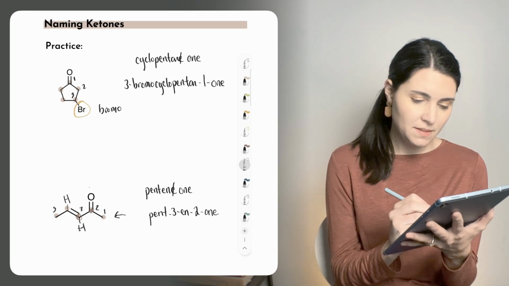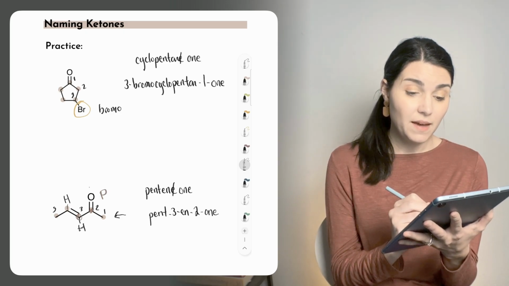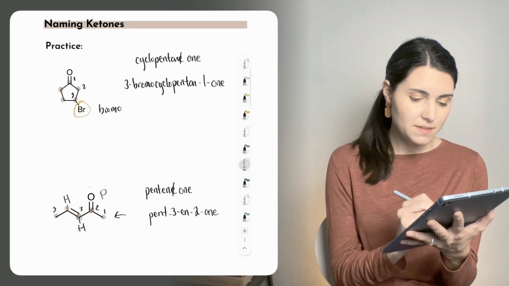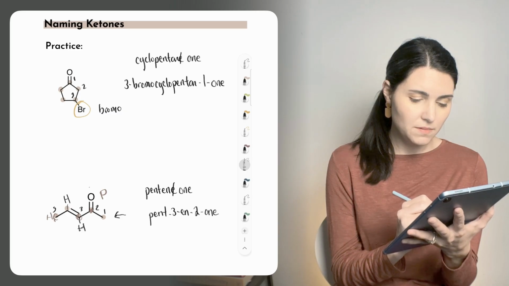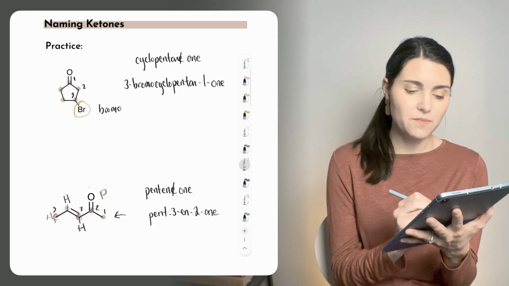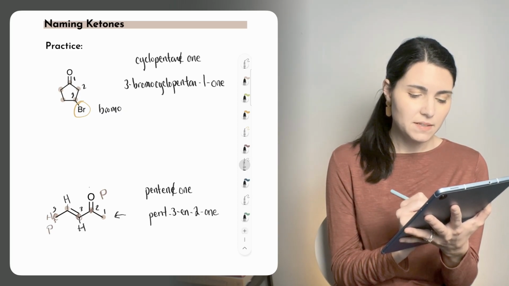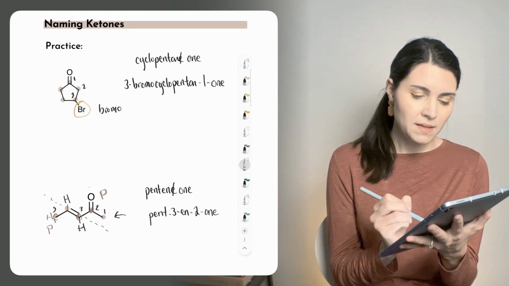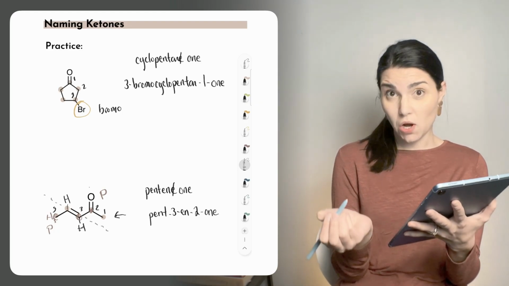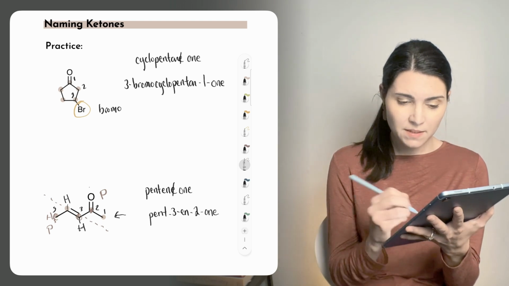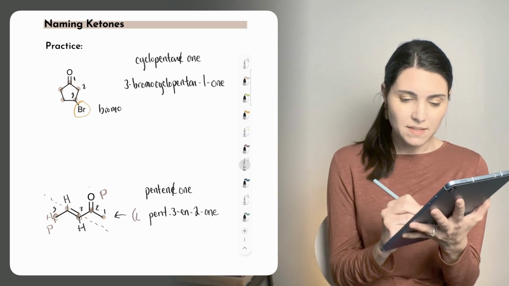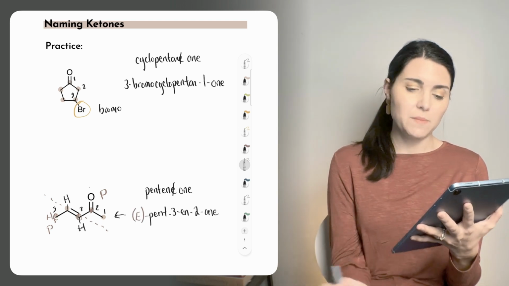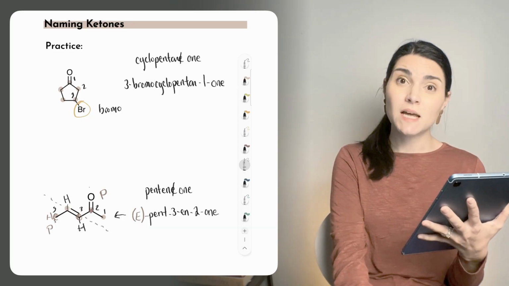So that means that this side is the priority. And then we have here a CH3 group versus an H, so carbon versus hydrogen. So this side is the priority. We'll draw our imaginary little plane, and then we see our priorities are on opposite sides, so they're enemies, and that means that this is an E stereochemistry. So E-pent-3-en-2-one.